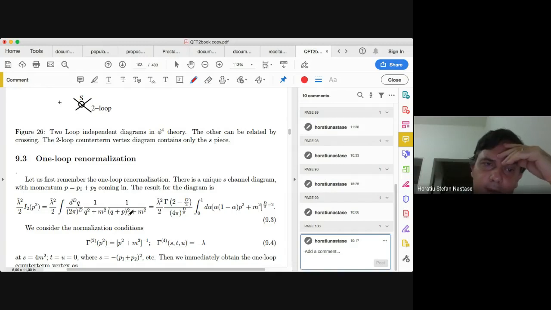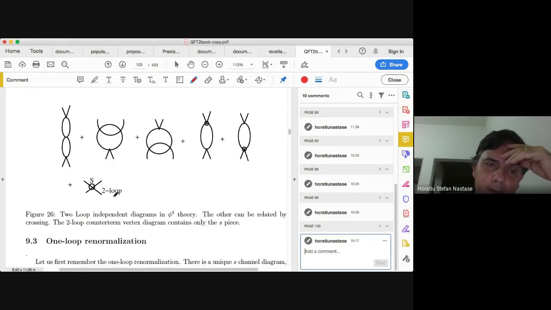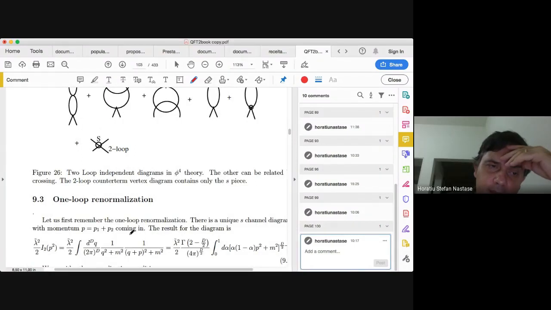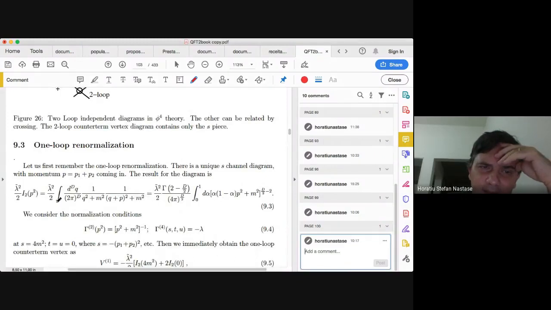This depends on P, and I've written this in the S channel. That means P, the sum of the two incoming momenta, is P1 plus P2. Then when I cross, it will be something else. If it's P1 plus P3, then it's U. If it's P2 plus P3, then it's T. All right, and then this integral we've calculated and is given here.